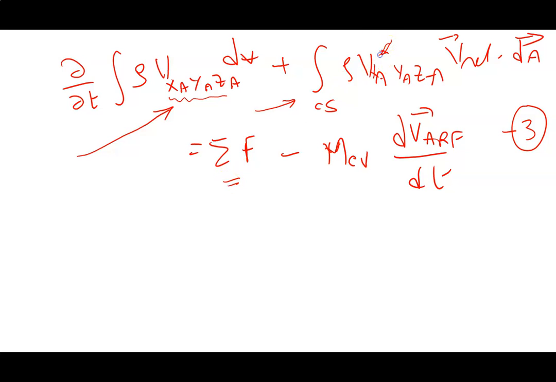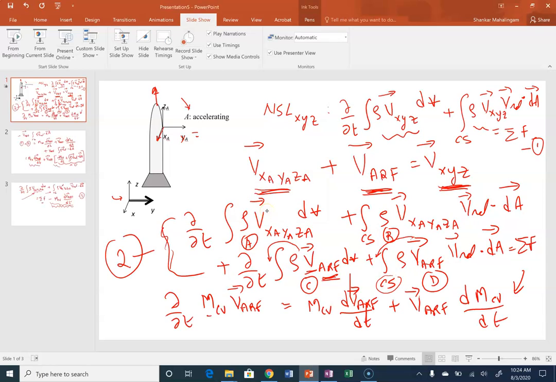The only distinction now is the reference frame is an accelerating reference frame, and so to account for that, I have this extra term, minus m_CV d V_ARF/dt. So I'm now able to apply Newton's second law directly to an accelerating reference frame, right? The only requirement is this extra term be added to the right hand side. So I'm going to think of this as the modified Newton's second law in this case.